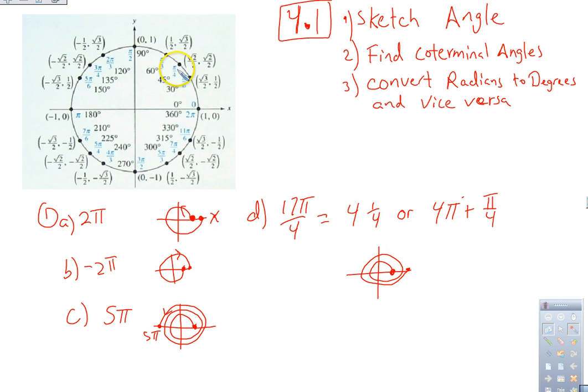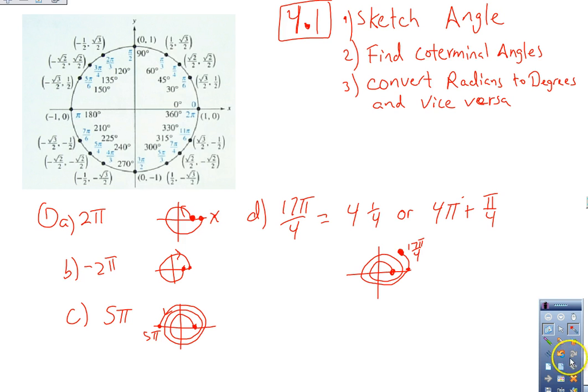As you can see on the unit circle, pi over 4 is in the middle of this first quadrant. So I'm going to continue to go and stop right there. So this is where the angle 17 pi over 4 is, right there. You do the exact same thing with degrees.